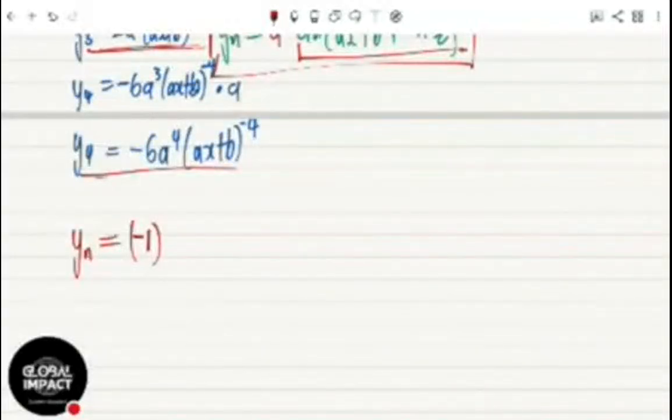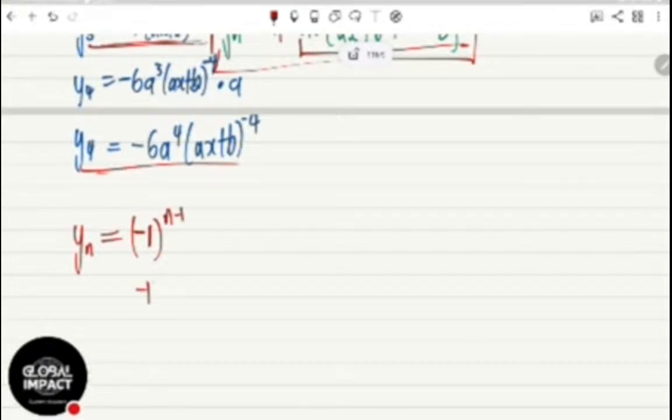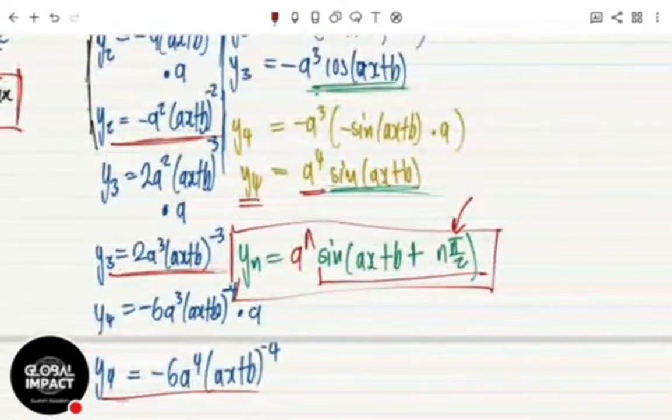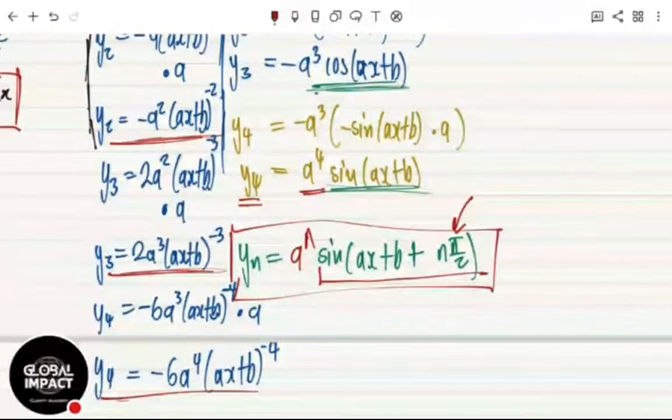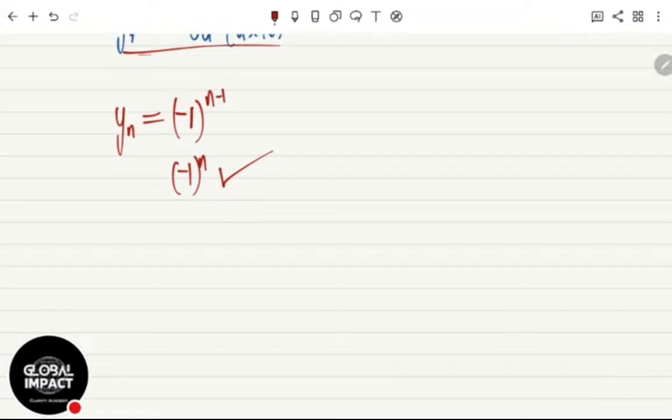Now this negative 1 might be to the power of n minus 1, or it might be to the power of n. How you decide that is by looking at the second term. If the second term is negative, then it is to the power of n minus 1.